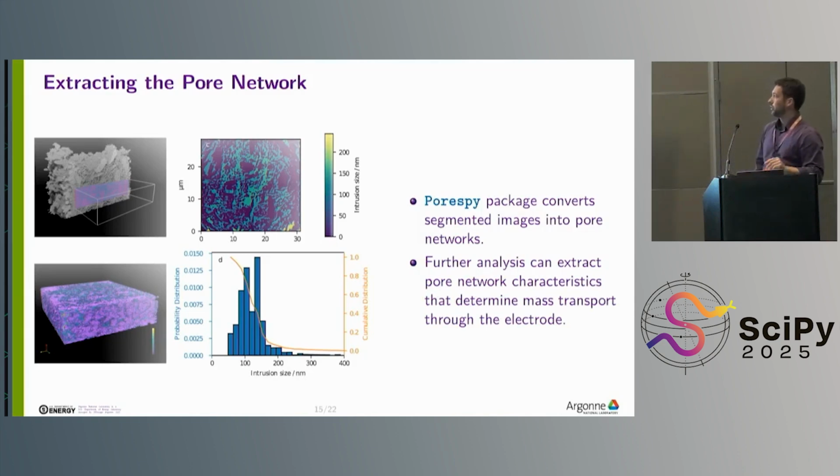So even if the main void is huge, if there's only a little tiny opening, the size of that opening is actually the limiting part for getting to that region. And then we can make a histogram here of what the various sizes are. This will go into modeling work that will look at the transport of the electrolyte through the structure of the electrode material.